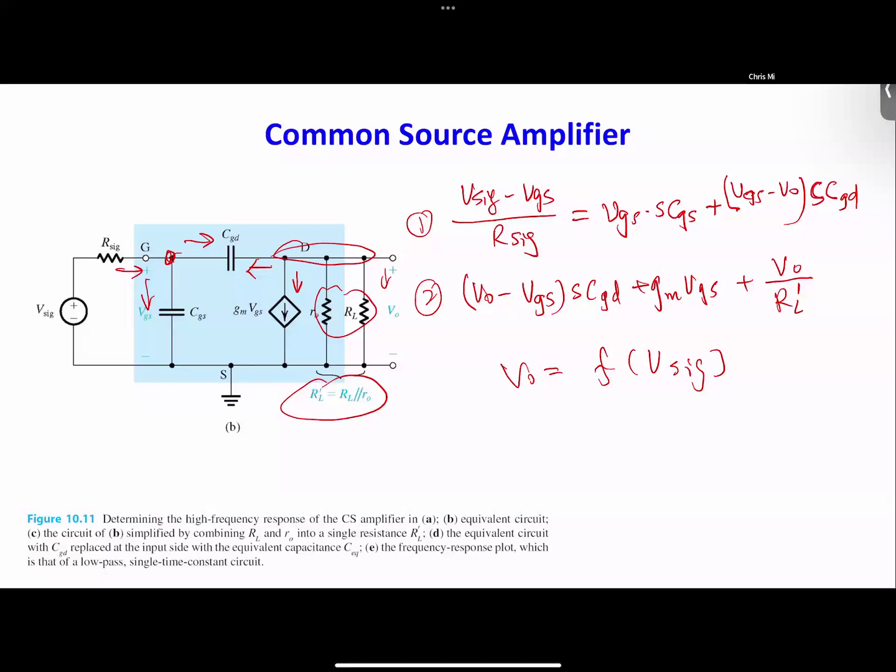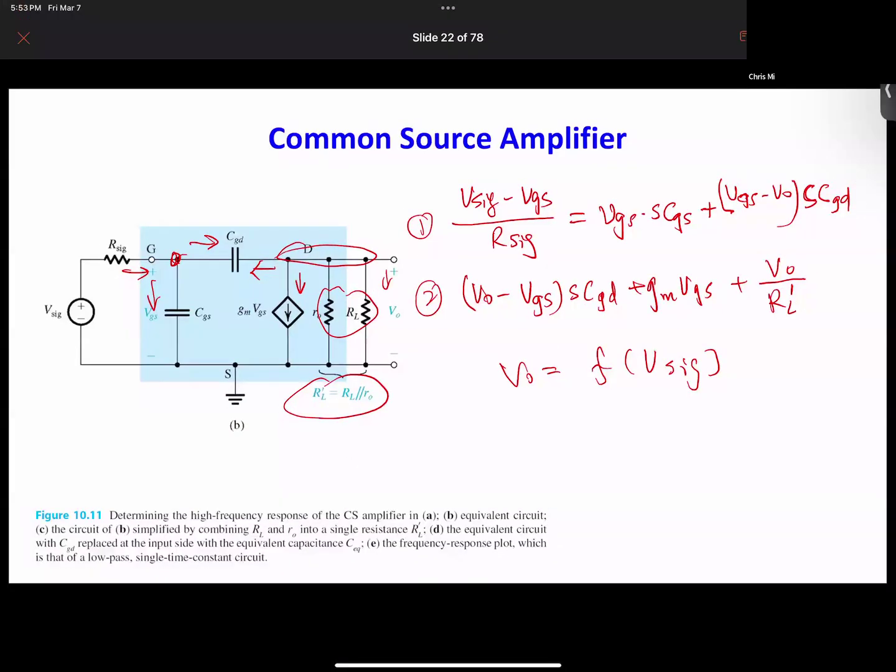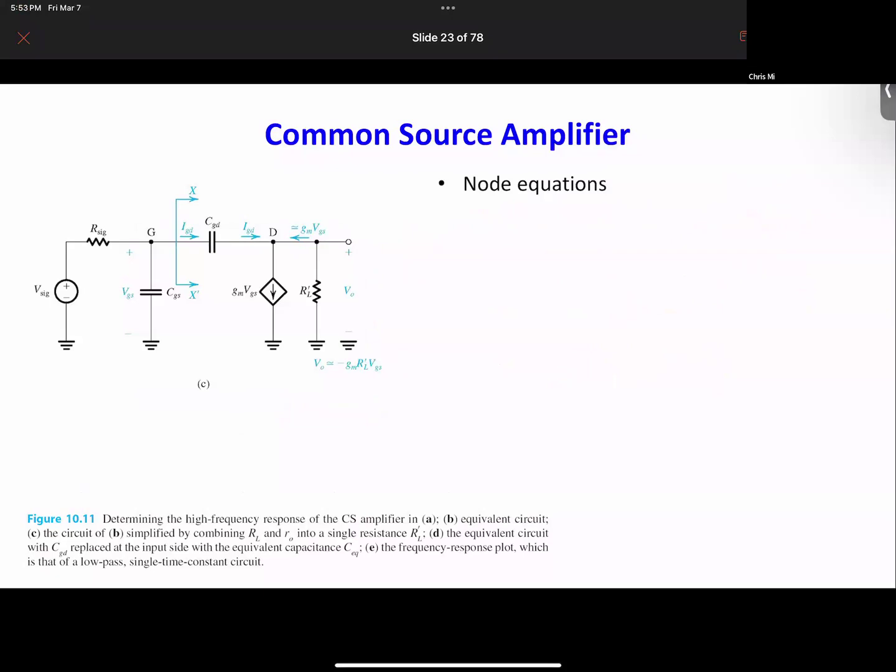To do this, it's just a little bit tricky, so it's a little bit difficult to derive the actual expression.